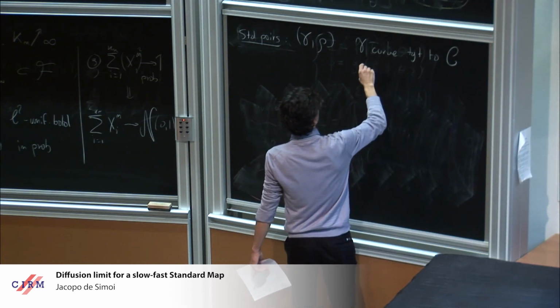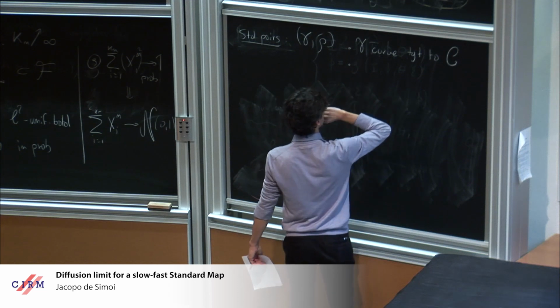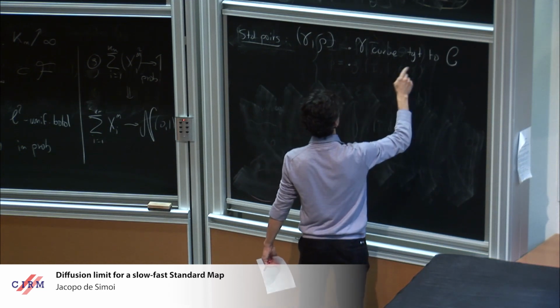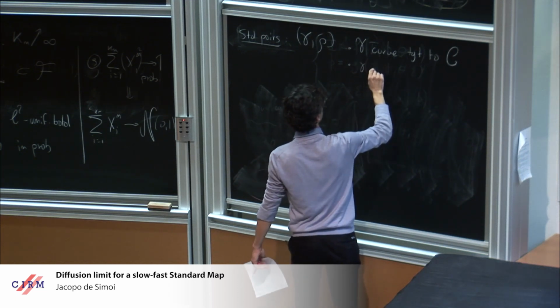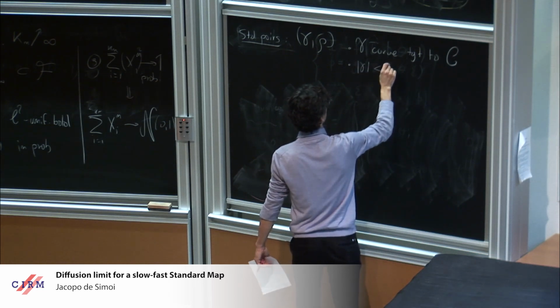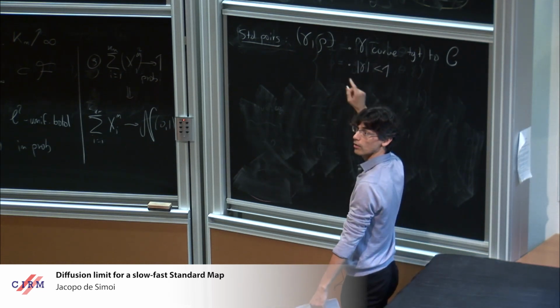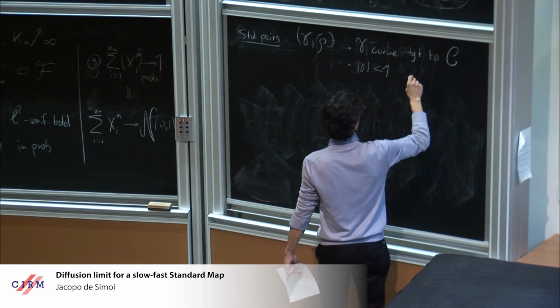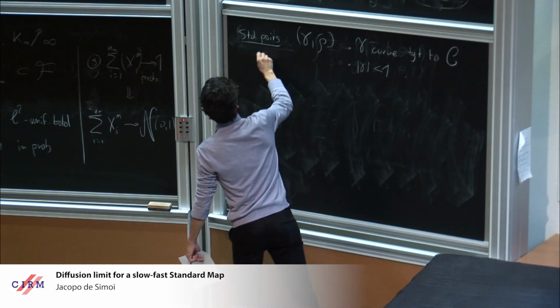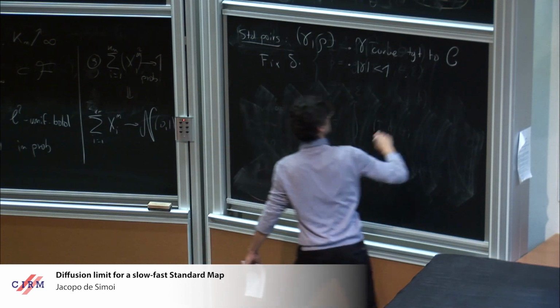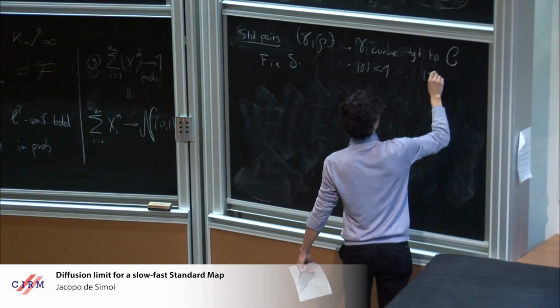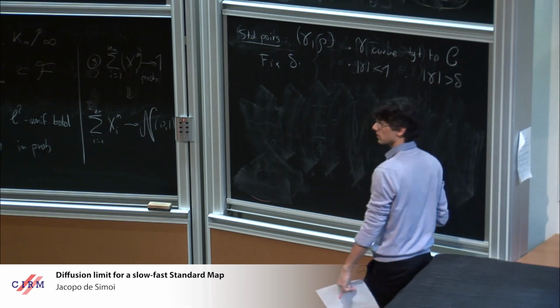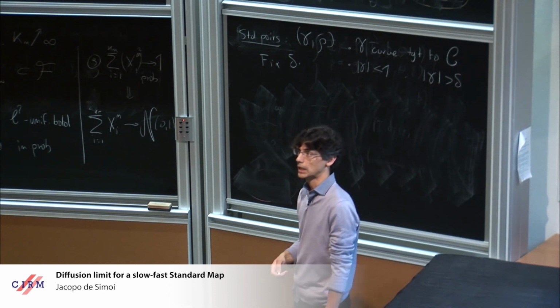So this is a curve which is tangent to C, which is not too long. The length of gamma is at most 1, so it will turn only once around the torus. And I also want that the length of gamma is strictly larger than some order one number, which I call delta.